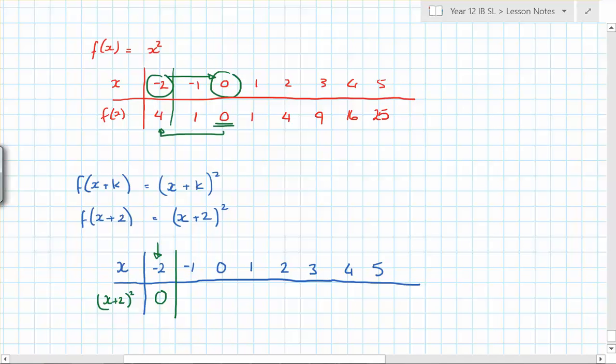So what have I done with the coordinate that I'm using? What I've done is the x plus 2 bit is where I want to look to get my coordinate. But what do I actually do with the coordinate? I take it and I bring it back to where I want it. Okay?